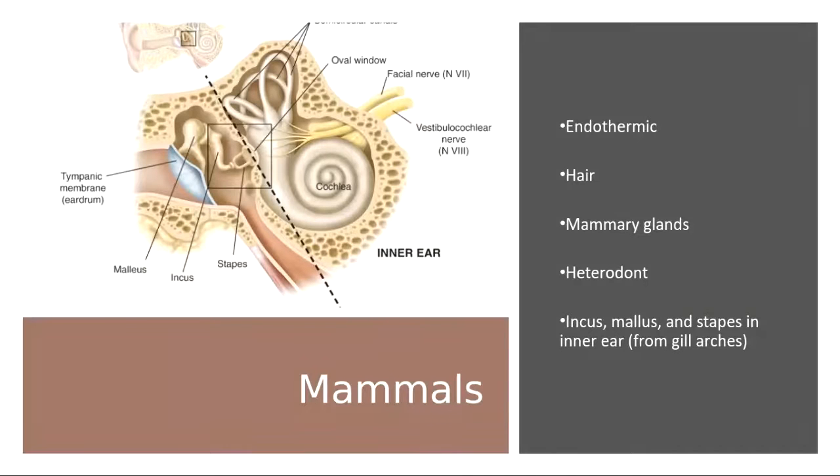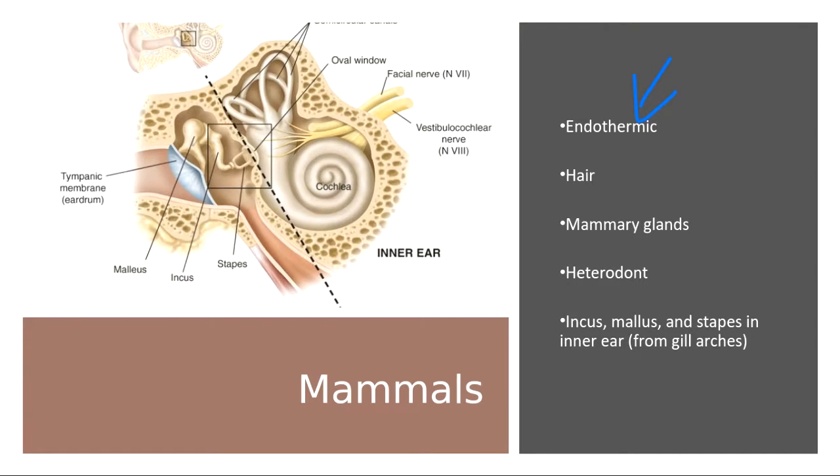Okay, so what is a mammal? Well, a lot of people say things like mammals don't lay eggs, and mammals are warm-blooded. But the thing is, those things are true, but they don't make mammals unique. Being endothermic, that's a key characteristic, they are warm-blooded.